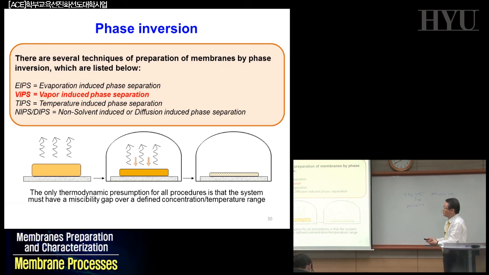Now this VIPS has not been commercialized yet, okay? Although VIPS is quite often used in the literature, it has not been utilized at commercial scale, because it's not easy to control the vapors in a reproducible way at larger scale.